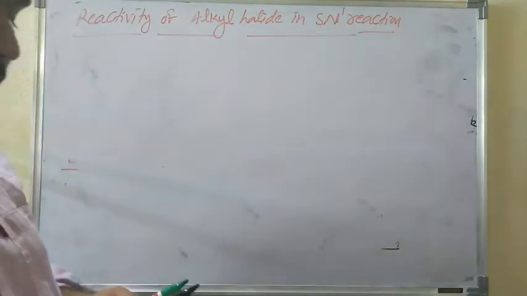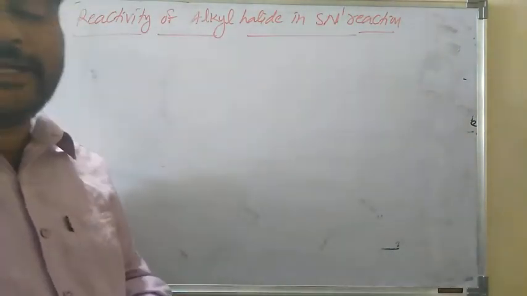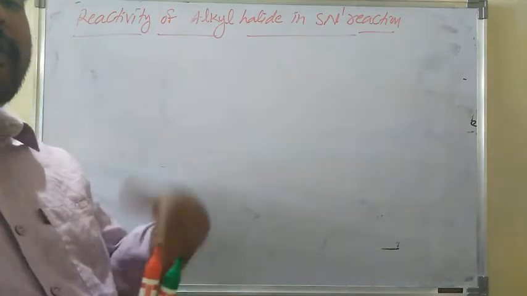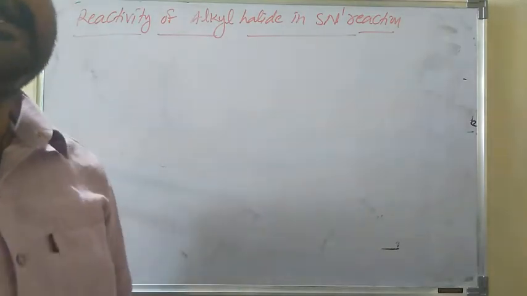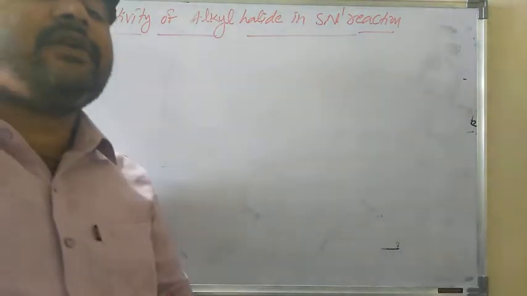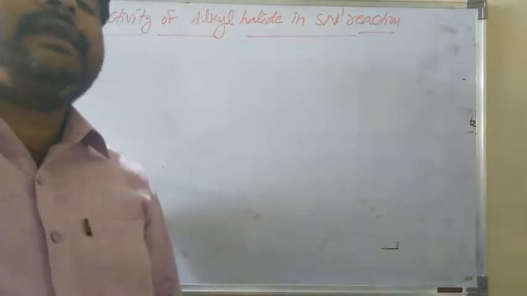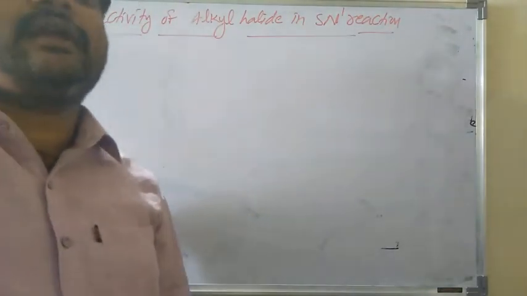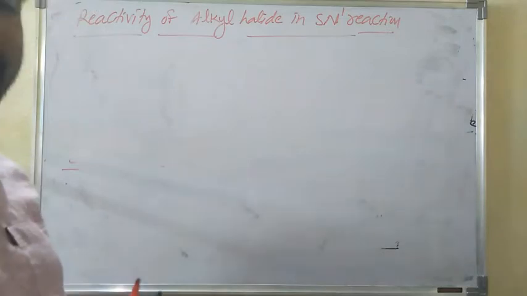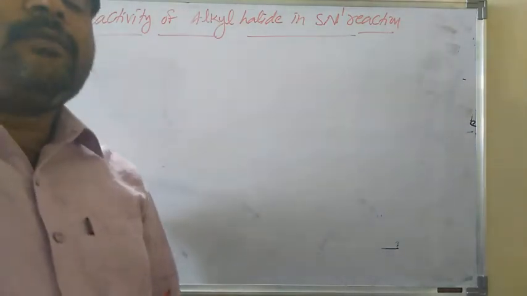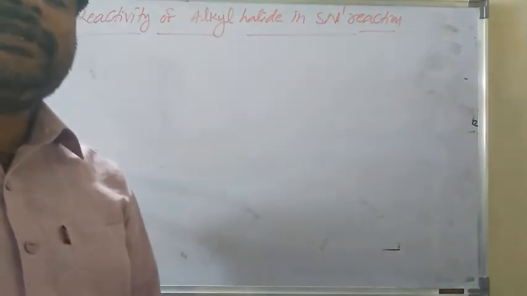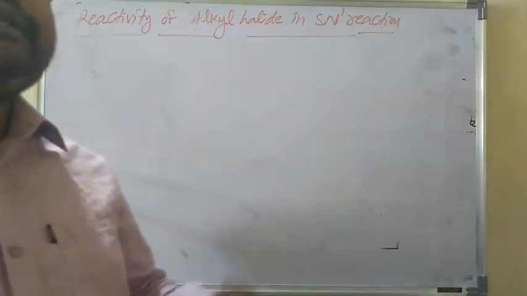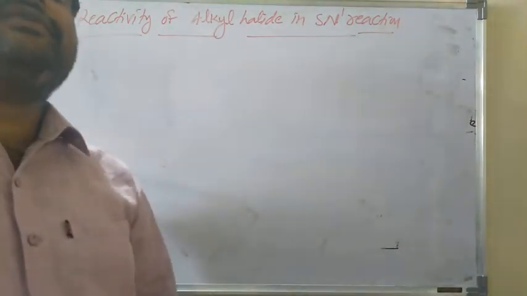In SN1 reaction, what intermediate is produced? Carbocations. So the more easily a carbocation forms from an alkyl halide, the more easily the alcohol is produced. The more stable the carbocation formed from the alkyl halide, the easier the formation and the faster the rate of the reaction.